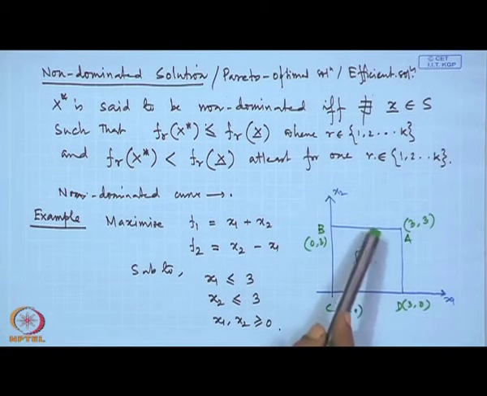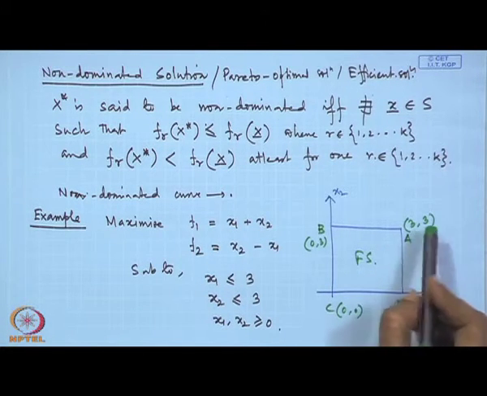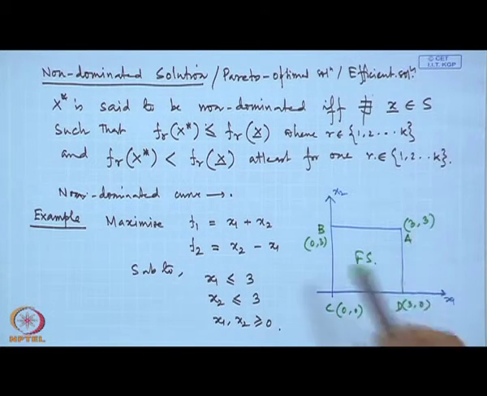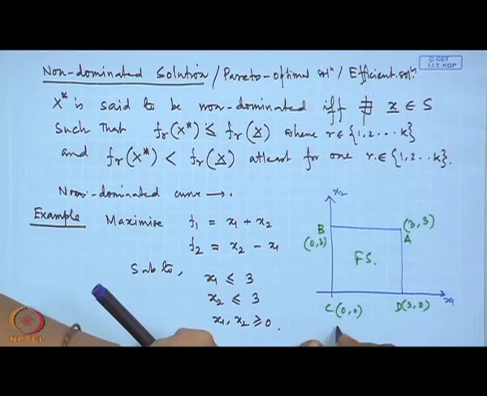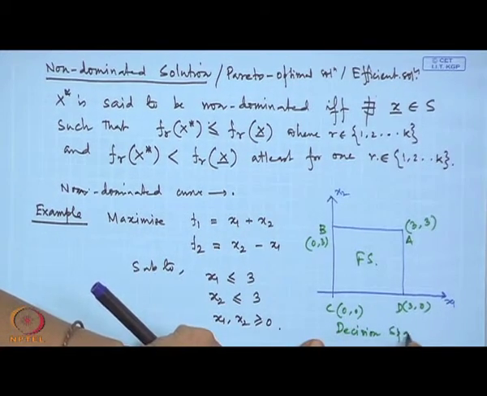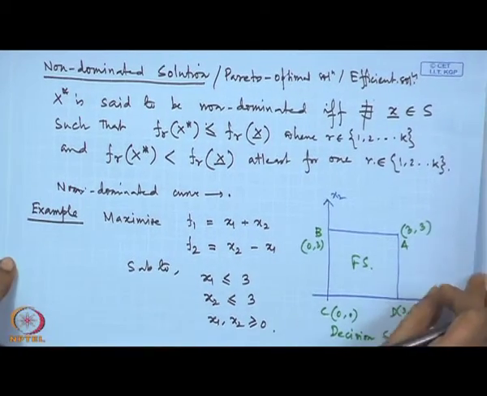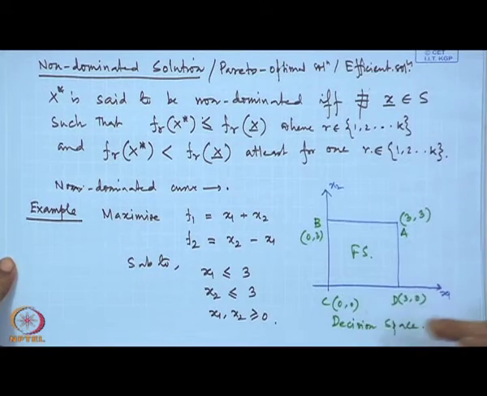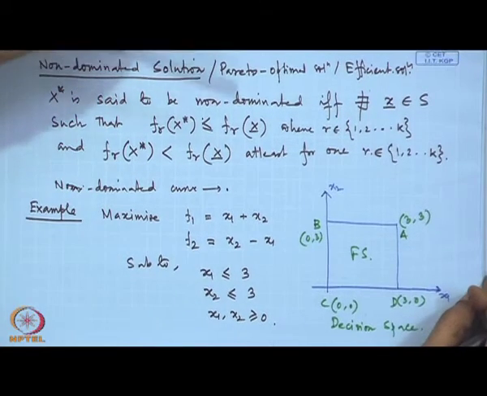But we will not get any point within the feasible space where f1 and f2 both have the same maximum value; here the maximum value is 3. Now, this is the decision variable space, we call it the decision space, and I will explain the non-dominated frontier here. Next, I will map the entire situation from the decision space into the criterion space.